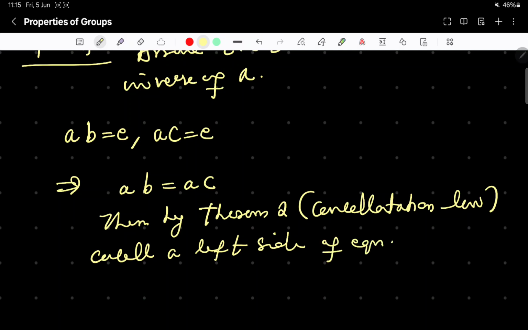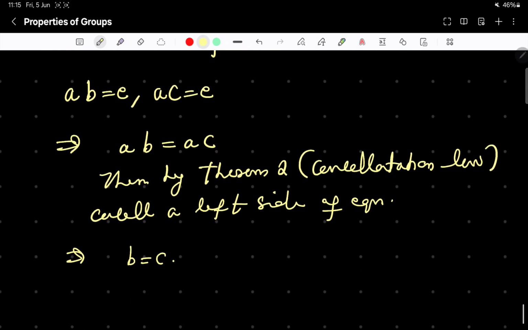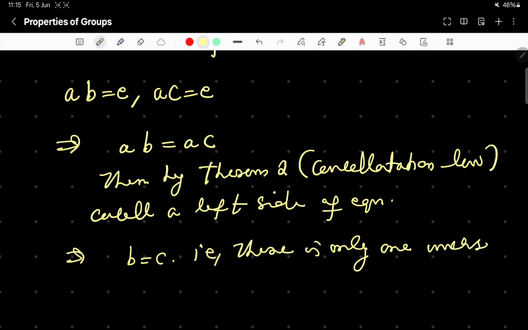So what do we get? We get B equal to C. So if there are two inverses B and C, they must be equal. That is, there is only one inverse.